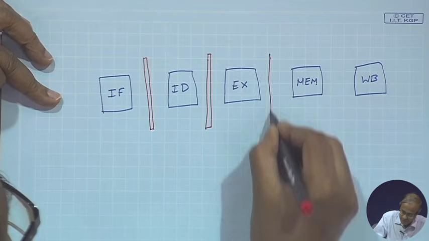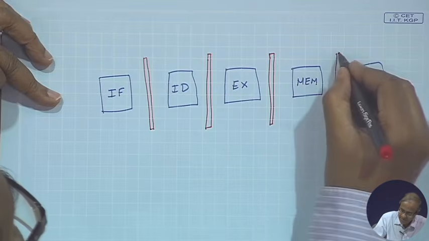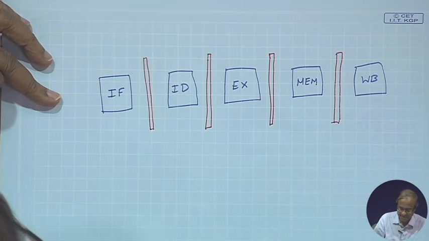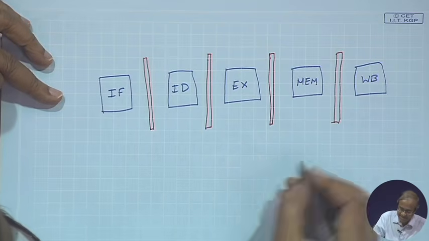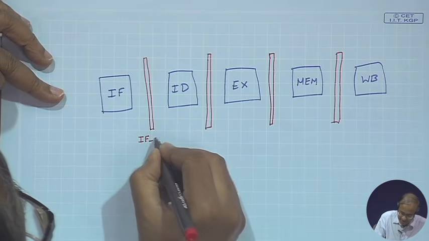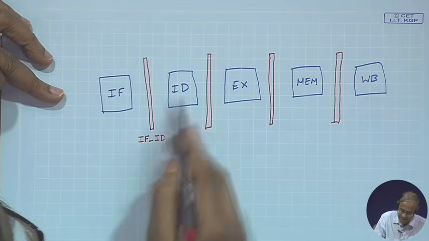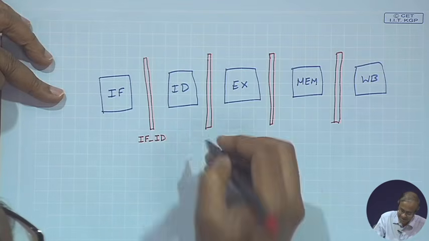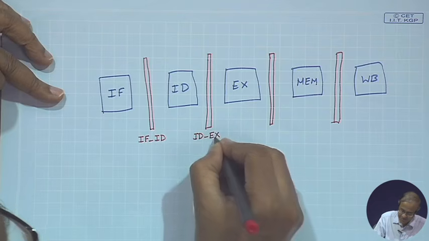So, for our interest we need these 4 interstage latches. We give some names to these latch stages. We call this stage IF underscore ID, that means the latch stage that is sitting between IF and ID. This latch stage we call ID underscore EX.